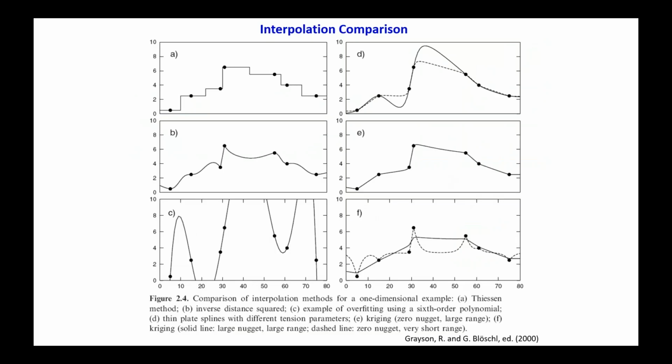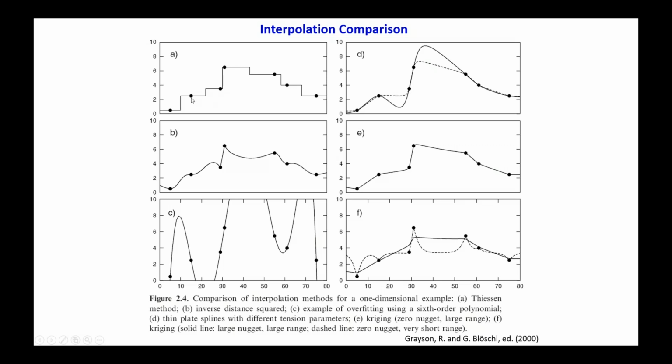So here I'm going back again to Bloschel's work, in this case with Roger Grayson, and he's showing the implications of different forms of interpolation. So in these slides, the black dots represent the observed values, and then the line represents different forms of interpolation and how a smooth surface, or here he's represented in two dimensions because it's easier to visualize, might be represented.